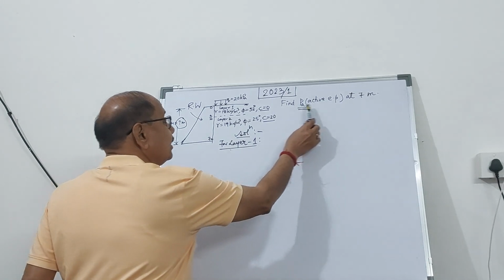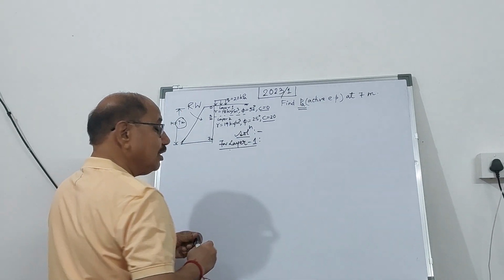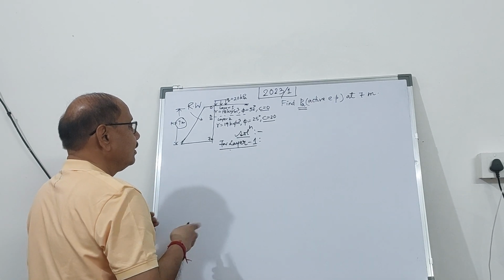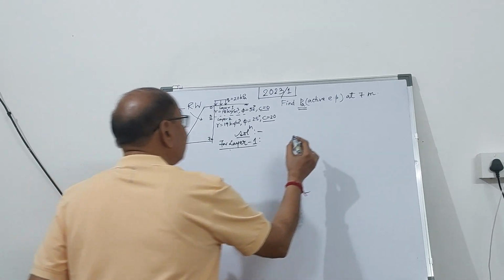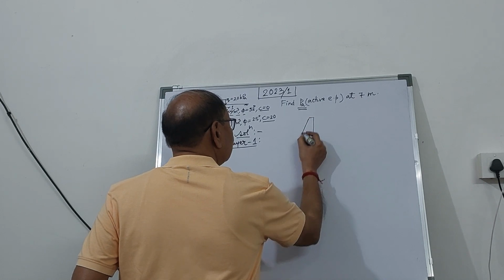So you will have to find the active earth pressure at 7 meter. I will make this problem quite simpler while explaining. Let's see how it can be solved. First of all, let's draw it. The solution will be like this.